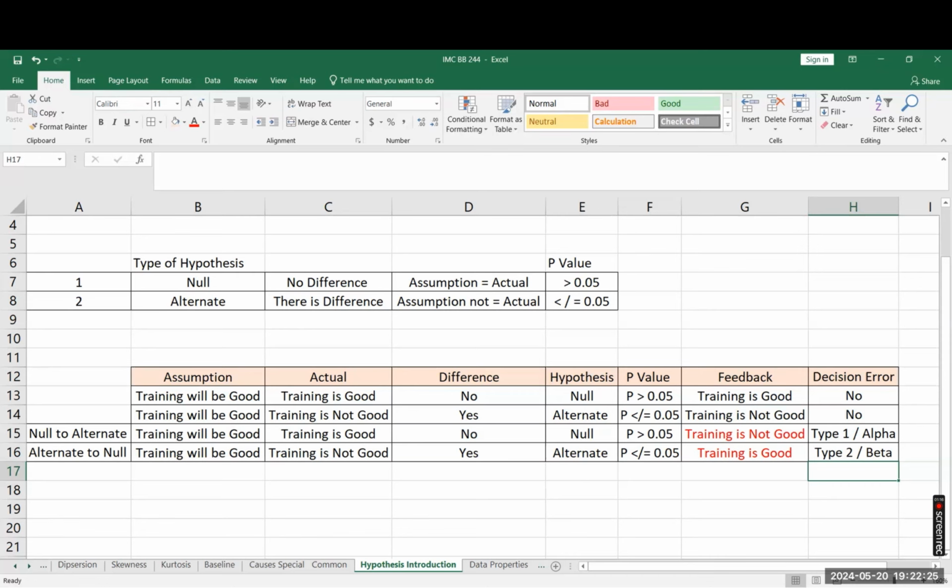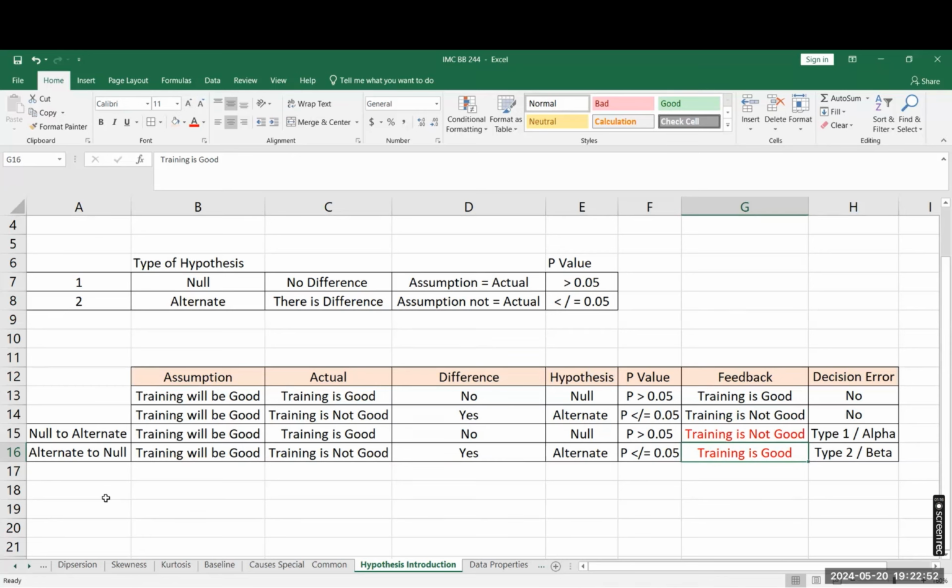Question? So we write our hypothesis like this: first we make an assumption. After making the assumption, we validate that with the data. Even after validating with the data, we see whether we are making any decision error or not.